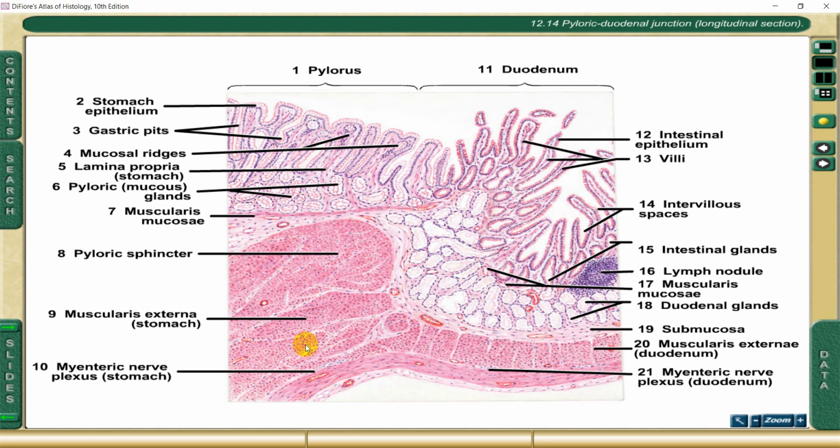Mucosa, simple columnar epithelium without goblet cells, gastric gland with the 5 cell types. Submucosa, no gland in the submucosa. Muscularis externa in 3 directions, oblique, circular and longitudinal, and just serosa in the stomach. Compare with the duodenal.